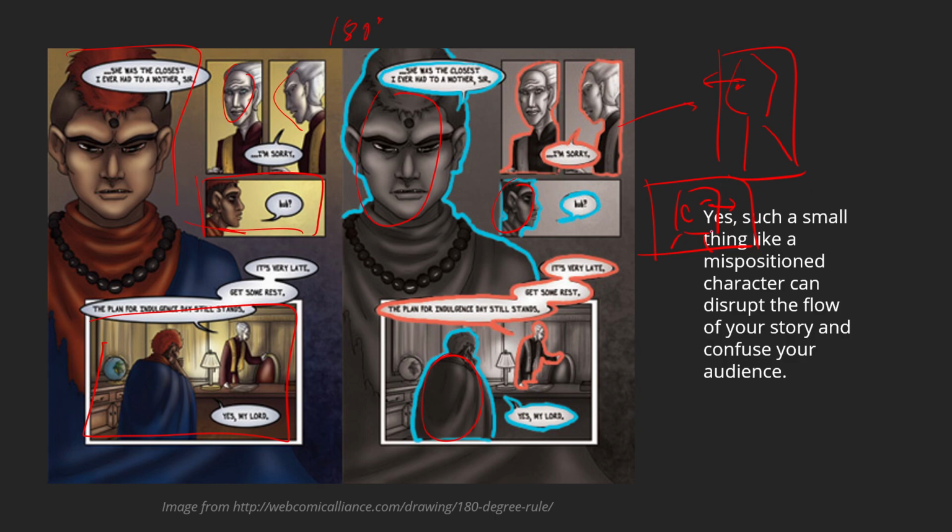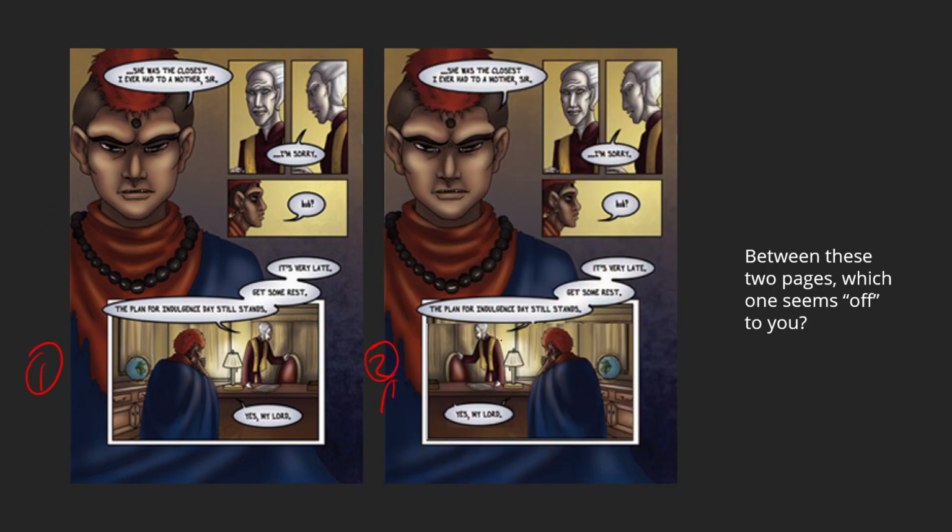But I'm guessing the reason why they decided to push him more to this side and push him more to this side is to help accentuate this adherence to the 180 rule. The only thing I changed from here to here is this. So this follows, he's on the left, and suddenly on the right. Then you feel weird.